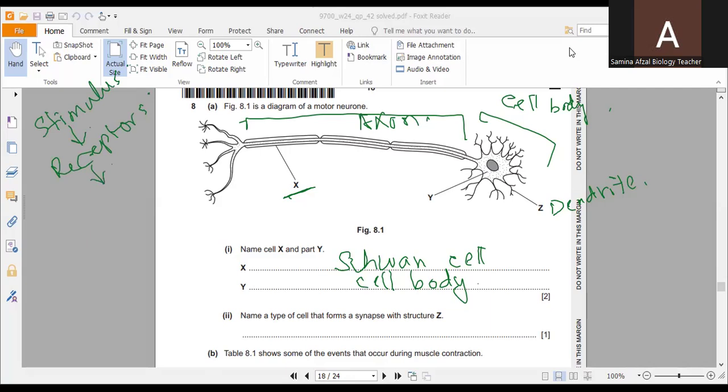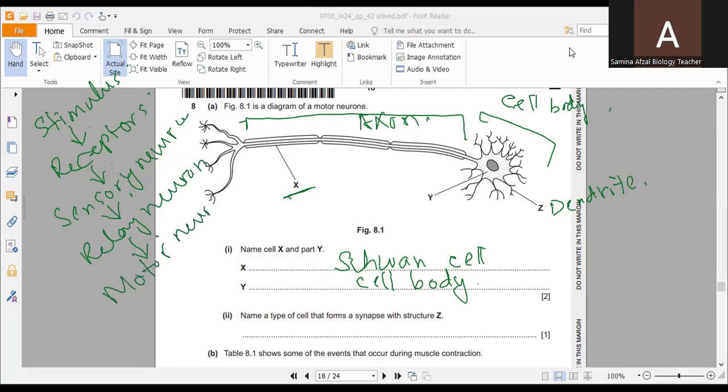From the receptors this information is transferred to sensory neurons, which take this information to the central nervous system, and from the relay neuron to the motor neuron, and from the motor neuron to effectors, and the effectors perform the response, which can be muscle contraction. So in this question, we will discuss how muscle contraction takes place.